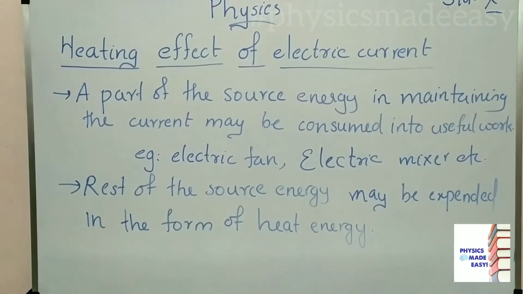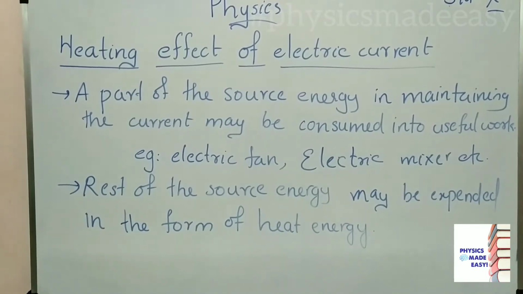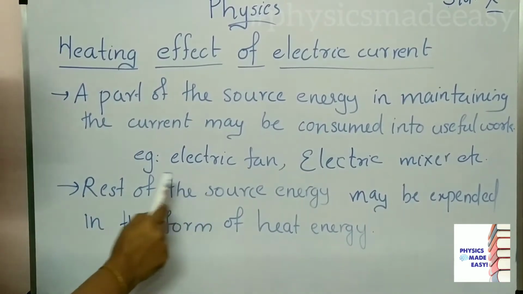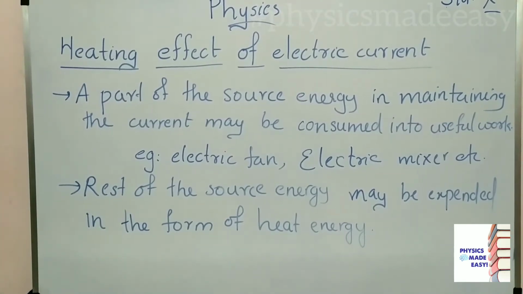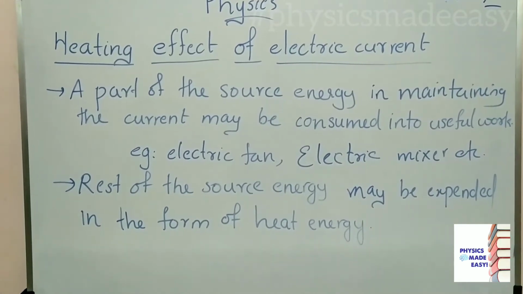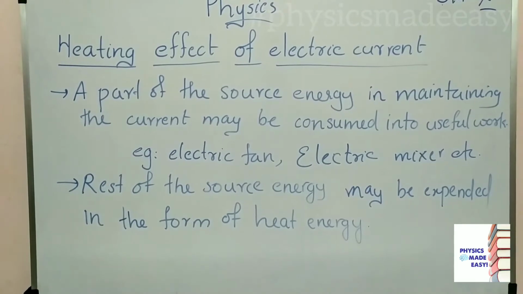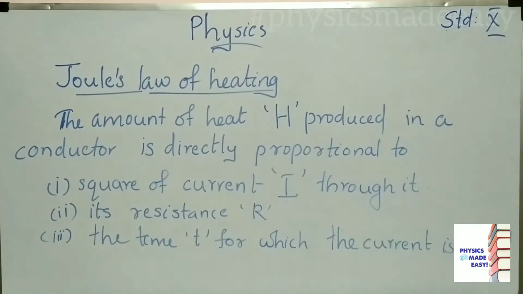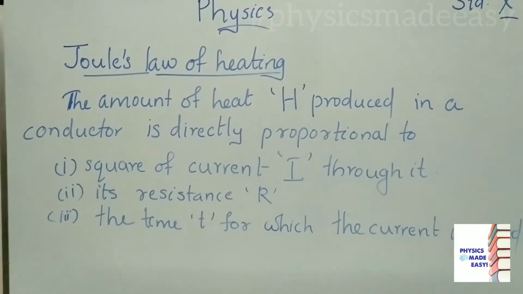What is the reason? That time this energy is converted into heat energy also. So the rest of the source energy may be expended, that is getting dissipated in the form of heat energy. Then what will happen? It will raise the temperature of that gadget, and if you are touching that, you can feel that as warm.